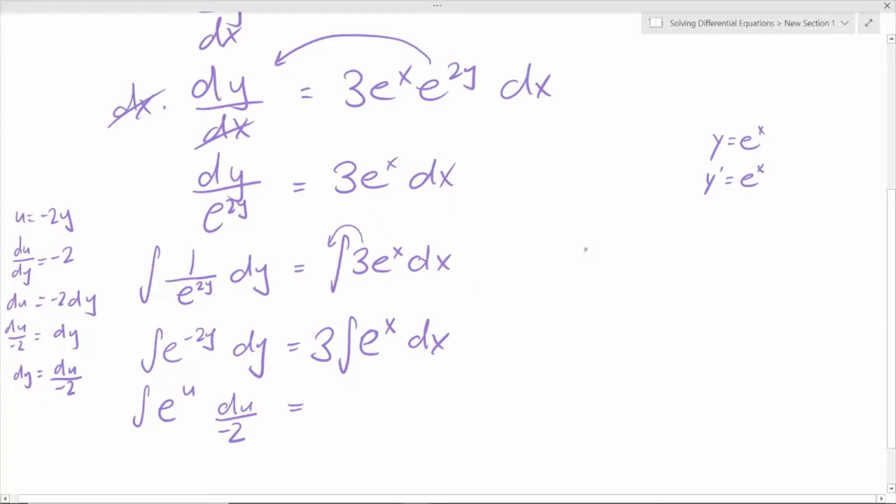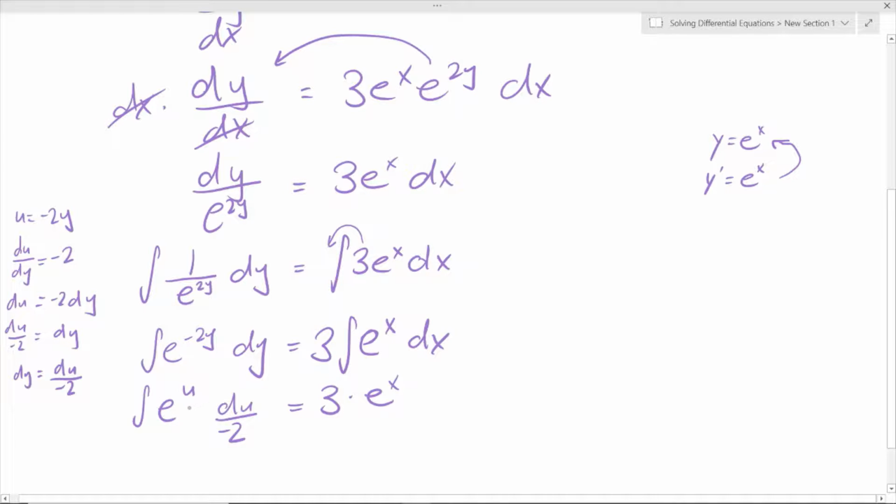So that's basically saying that if we integrate e to the exponent of x, like if we work backwards, we will get e to the exponent of x itself. So this is just going to be 3 times e to the exponent of x, because that's the integral.